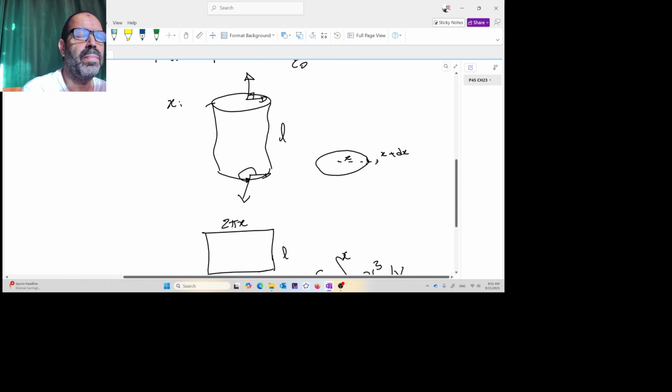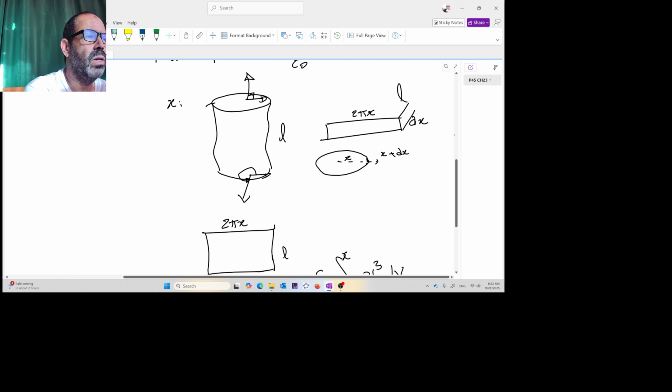So that's the strip I'm looking at. If I take that and open it up, its length is going to be the circumference of the circle whose radius is x, so it's 2 pi x, and whose height, or width in this case, is dx. And this extends L in length. So this is the strip we're looking at. This extends deep down in L length.